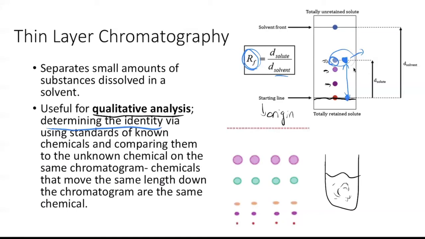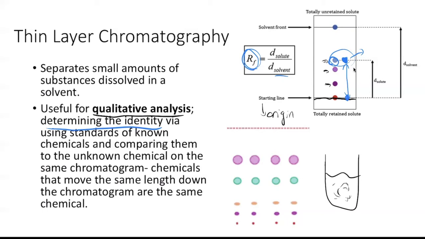The general idea is that we have different solutes, and they are attracted to the mobile phase, and they might be more attracted to the stationary phase. They'll be attracted to both phases to some extent, adsorbing onto the stationary phase and desorbing into the mobile phase.